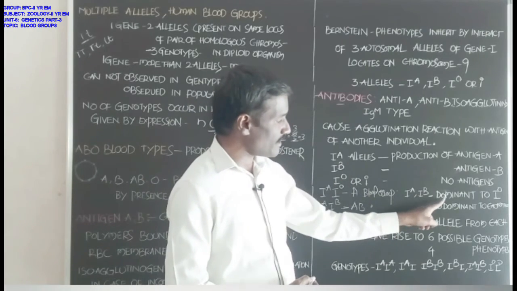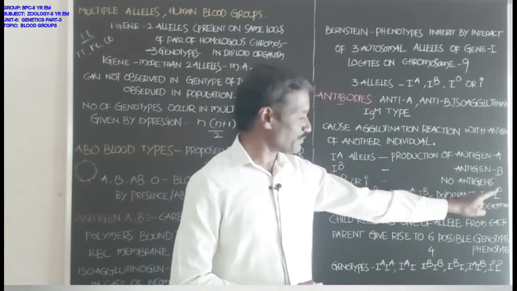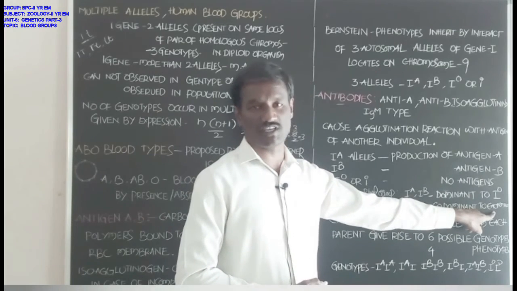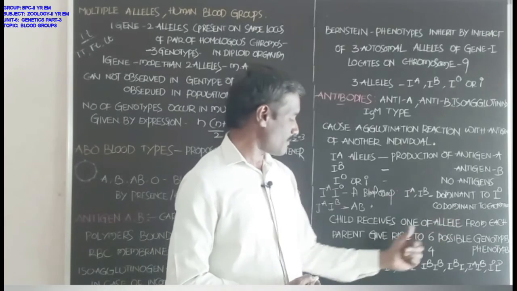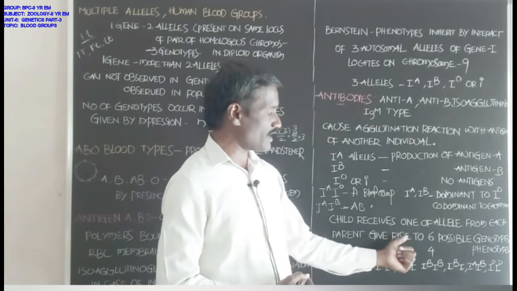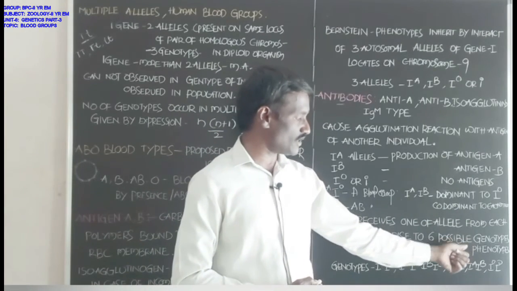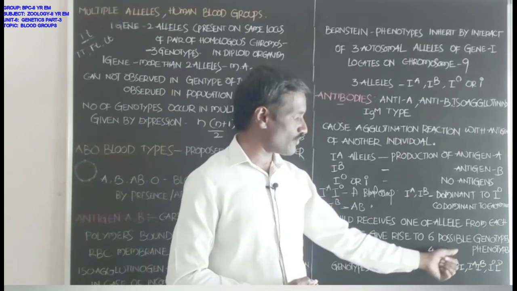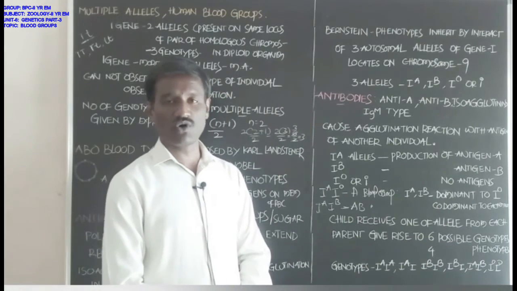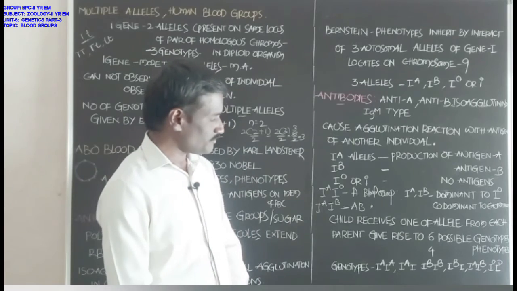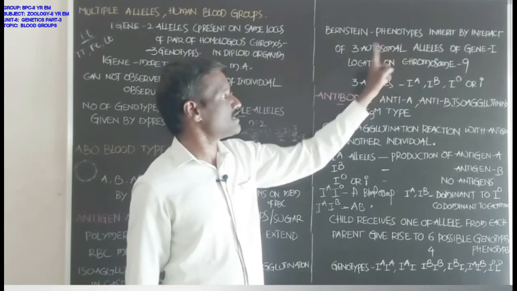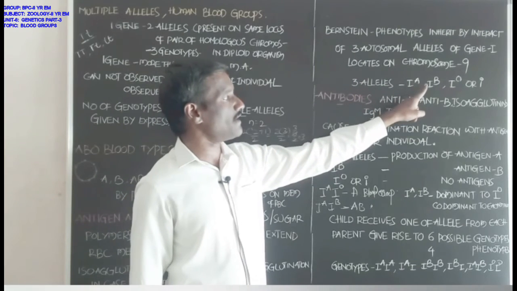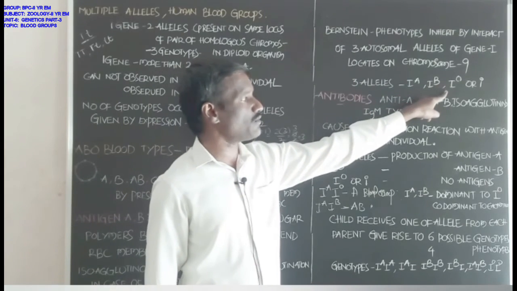IA and IB are dominant to IO and co-dominant to each other. A child receiving one allele from each parent gives rise to 6 possible genotypes and 4 phenotypes. Already you know, I is the gene with 3 alleles, IA, IB, IO.